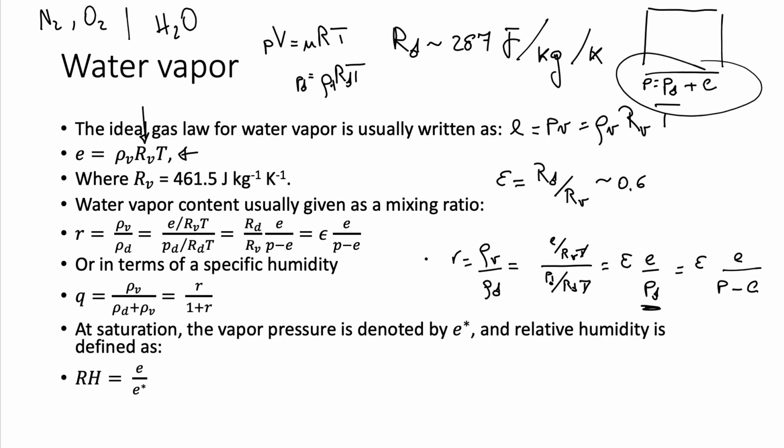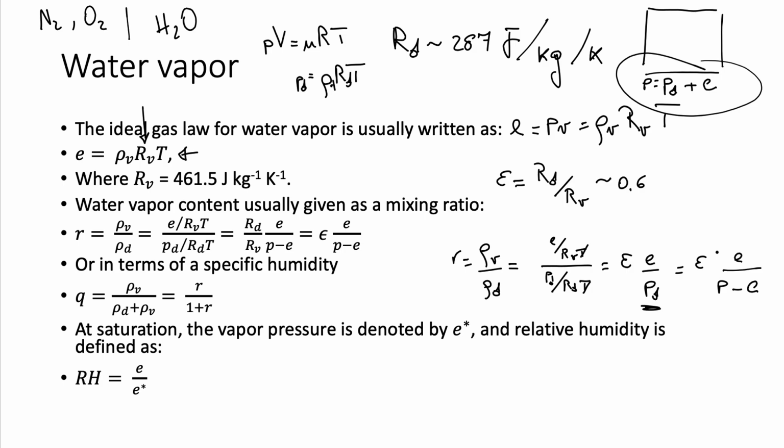This is a way to relate the mixing ratio to the partial pressure of water vapor and the total atmospheric pressure. This is convenient because there will be times in your life when you will know the partial pressure but not the mixing ratio, and you'll need the mixing ratio, or vice versa.